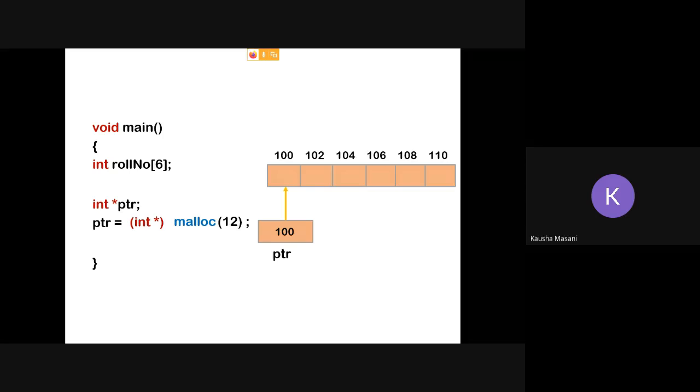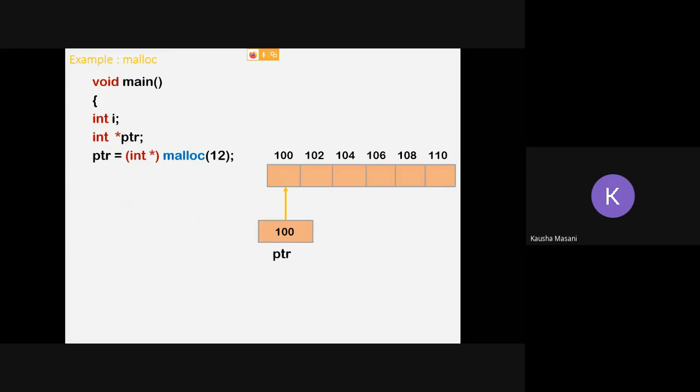So when you insert values after the line ptr equal to integer star malloc 12, after applying a for loop and entering the values, those values will be entered from 100 to 110. Why? Because the pointer of that malloc is pointing at memory address 100. Let's take an example of malloc running.